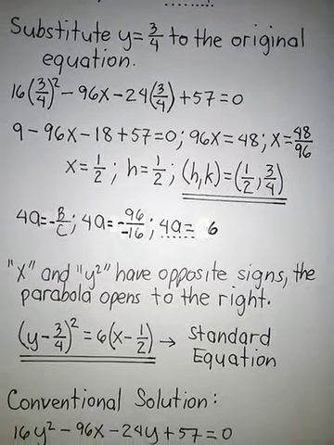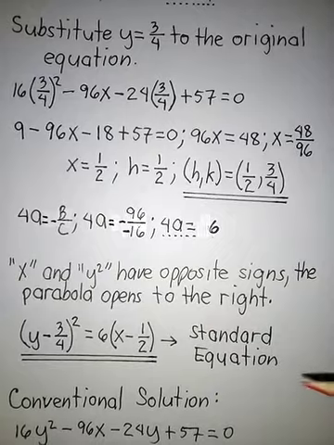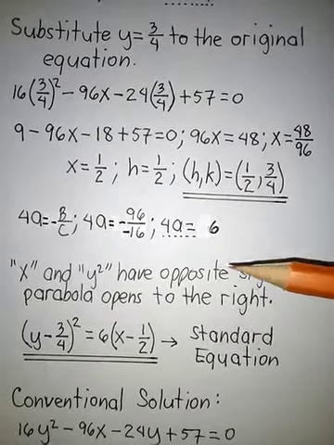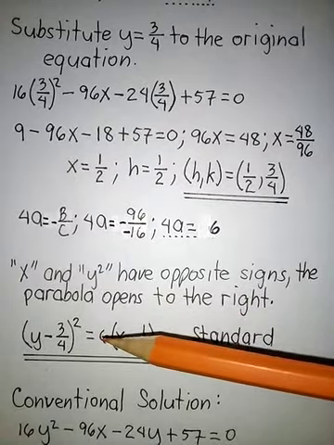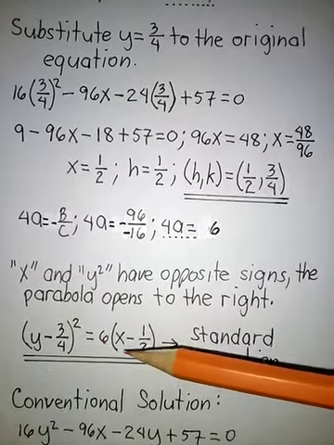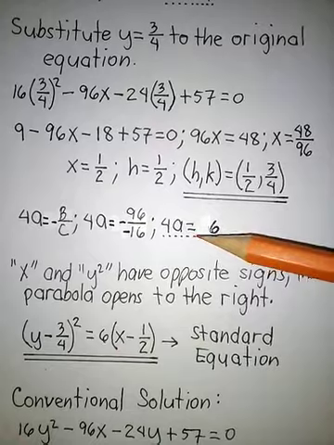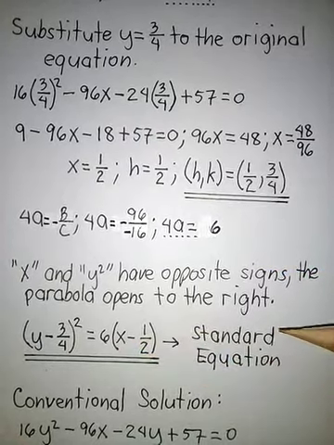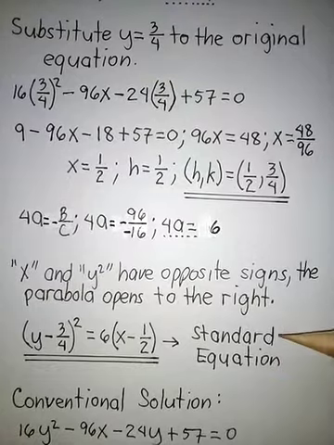Now, we can get the standard equation. We have quantity y minus 3/4 quantity squared is equal to 6, or 4a is equal to 6, quantity x minus 1/2. So, this is the standard equation.